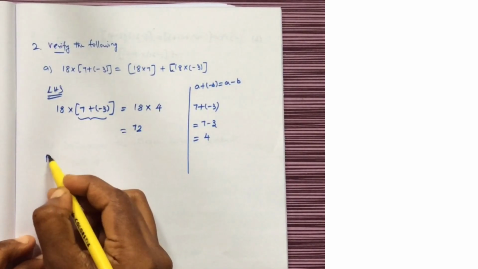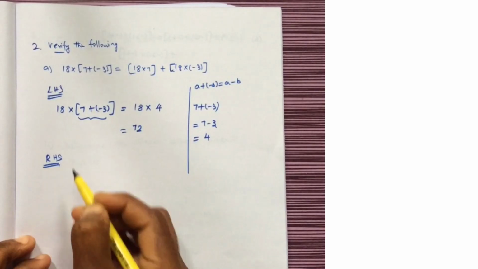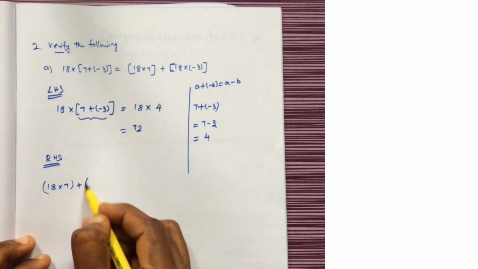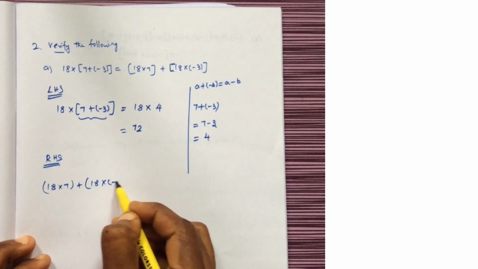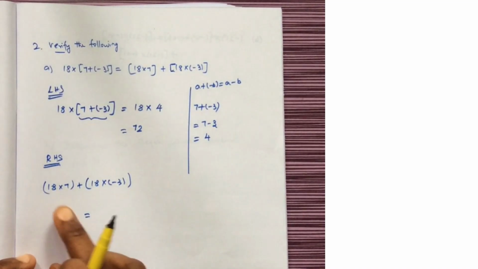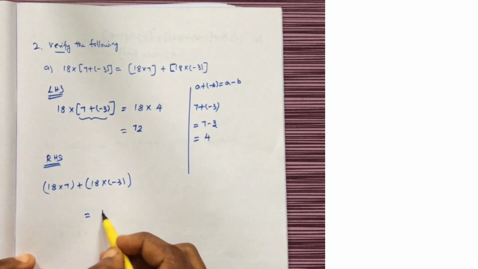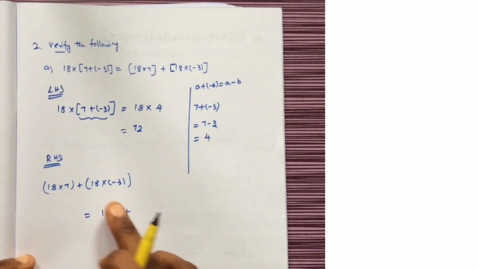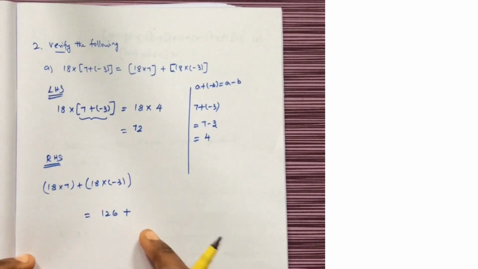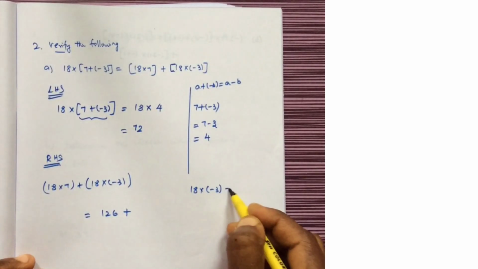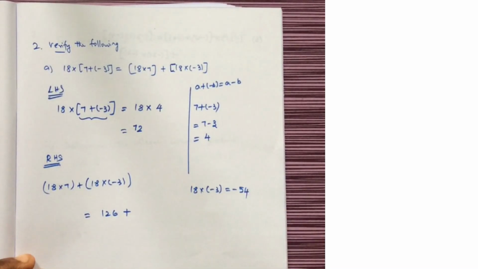Now we have to check the right hand side. What is this? 18 multiplied by 7 plus 18 multiplied by minus 3, that is equal to, what is 18 multiplied by 7 is 126 plus, what is 18 multiplied by 3 is 54. 18 multiplied by, here is minus 3, so it is minus 54.